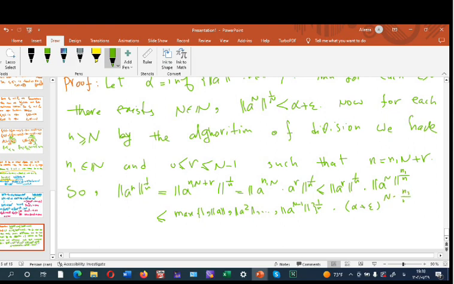It is very trivial because this r is an element between 0 and N, okay? So that a to the r is among 1, A, A squared, up to A to this power, so that this is less than or equal to this maximum, because this is one element of this set.